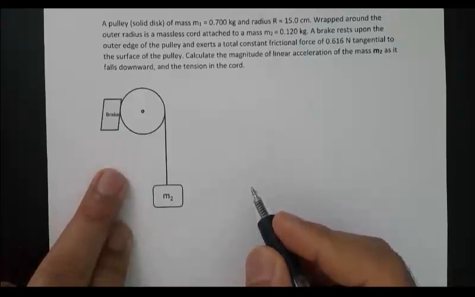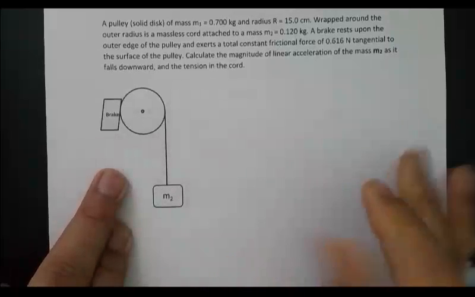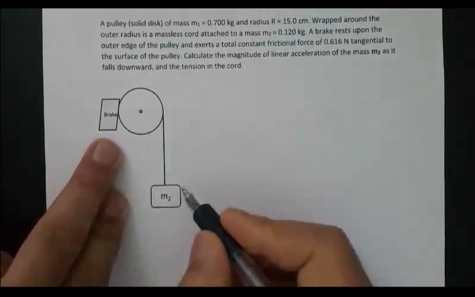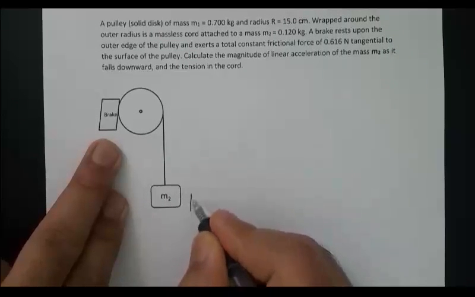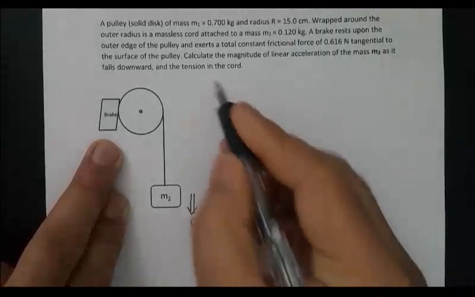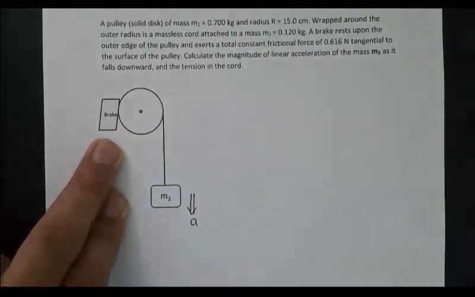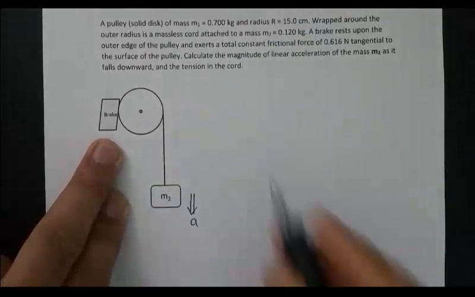So there are two types of torque: produced by the tension from the hanging mass, and produced by the friction. It's asking the same question: what's the magnitude of the linear acceleration of the hanging mass, and the tension in the cord? Okay, and then the numerical value. So first let's solve in terms of symbols algebraically, and then you can put in all the values.